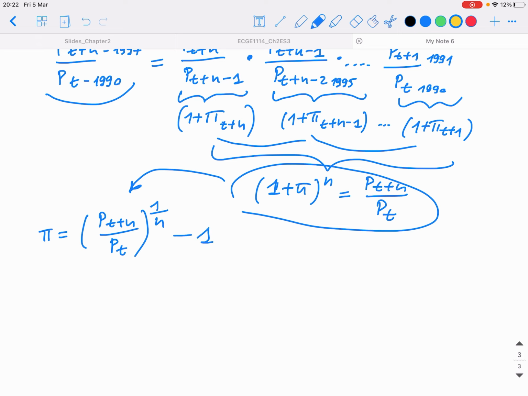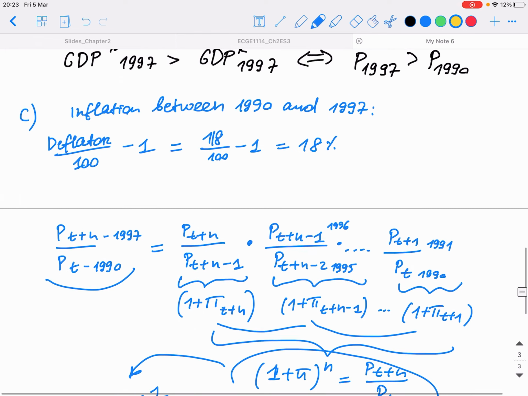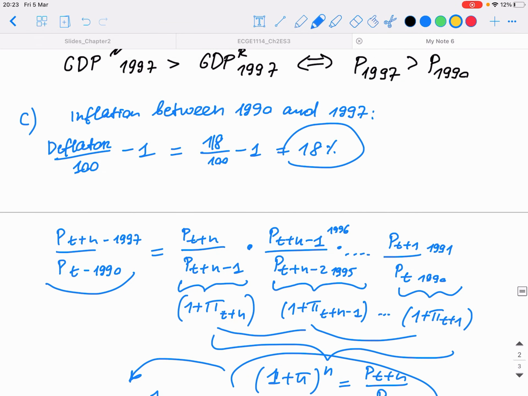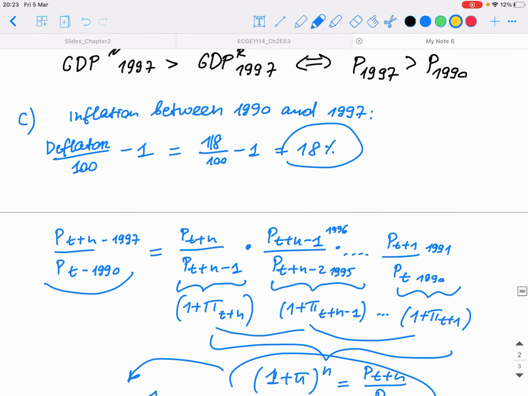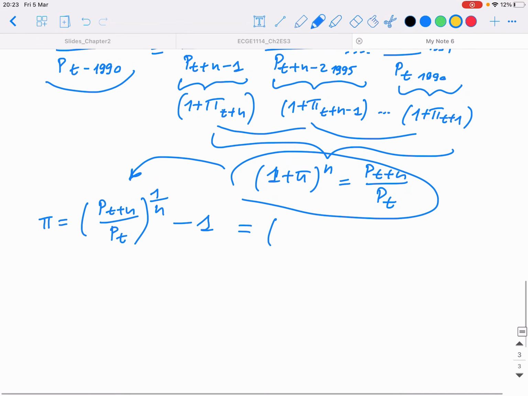And so here we can substitute the inflation rate that we got here, because that's exactly the inflation for the whole period, and that's what we need. So here that's 1.18 because we have 18% inflation, and the exponent is 1/7 because we have 7 years between 90 and 97, and minus 1.